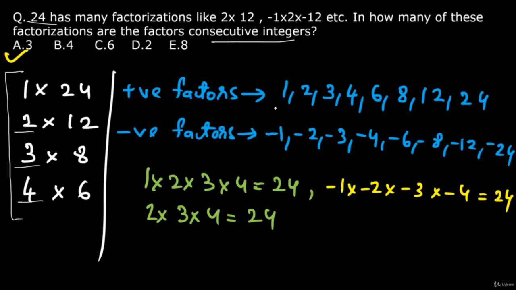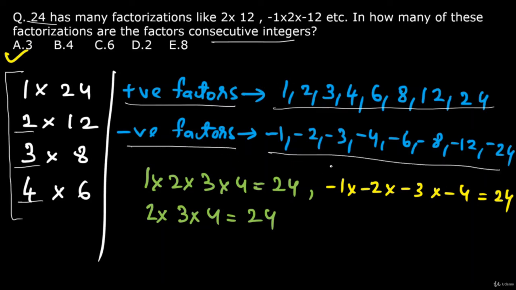Alright, so we have listed them down over here. These are positive factors. Now each of these, when you multiply it with minus 1, you will get the negative factors. So these are the negative factors of 24. Alright, now we need to find the cases where the product of consecutive factors equals 24. Over here you can observe that 1 into 2 into 3 into 4 gives you 24, right?